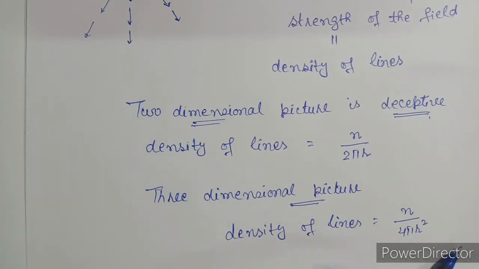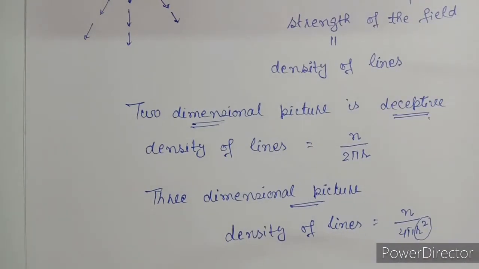So it shows the same r square as we observed in our real expression, that is 1 over 4 pi epsilon naught into q over r square into r cap. Now this will give the same information as we expect from our electric field equation.